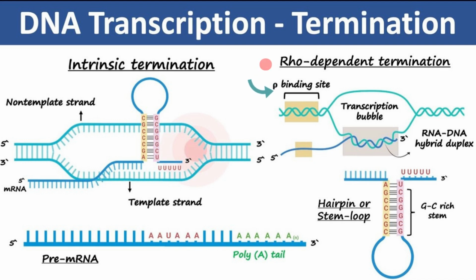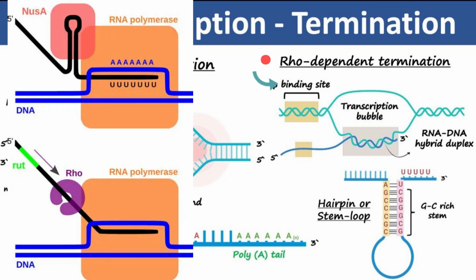And this Rho is a type of helicase protein. When we remember in the replication video, we talked about the function of the helicase as being the unzipping there. So the Rho unzips the RNA-DNA polymerase.